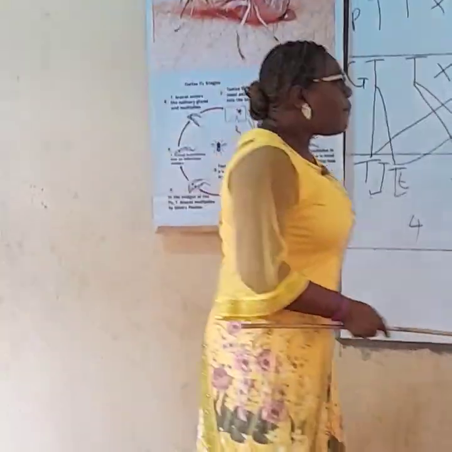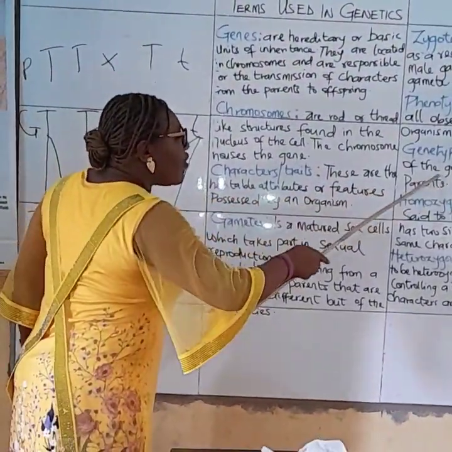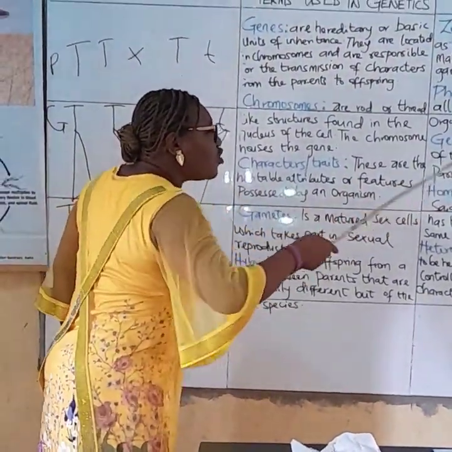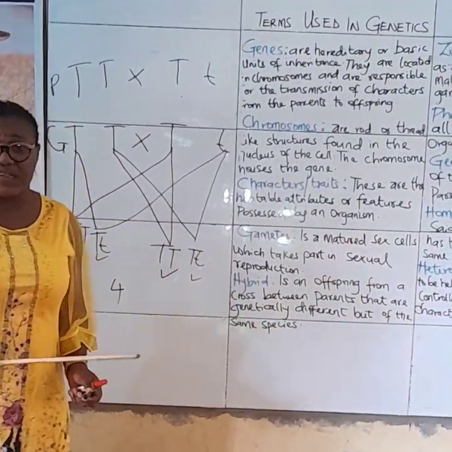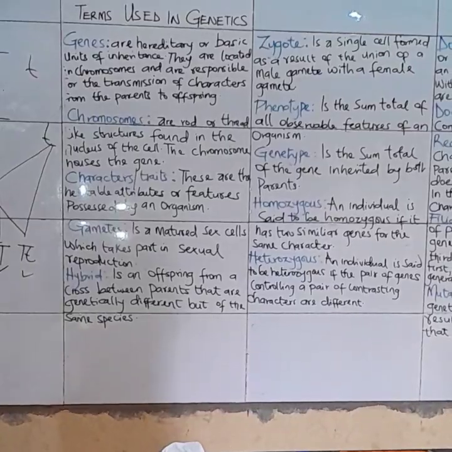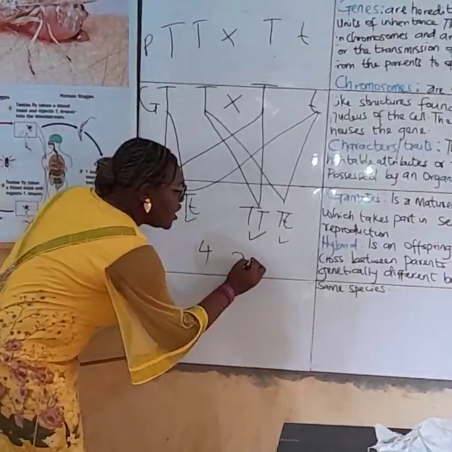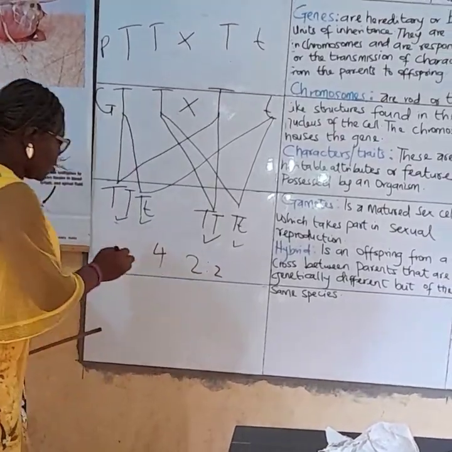But when we talk about the genotype, we are talking about the sum total of the genes inherited from both parents. This one you cannot see. So someone can ask you, what is the genotypical ratio? The genotypical ratio is 2:2.